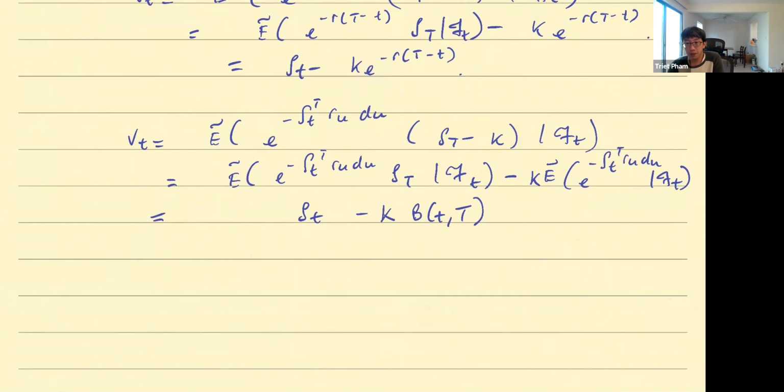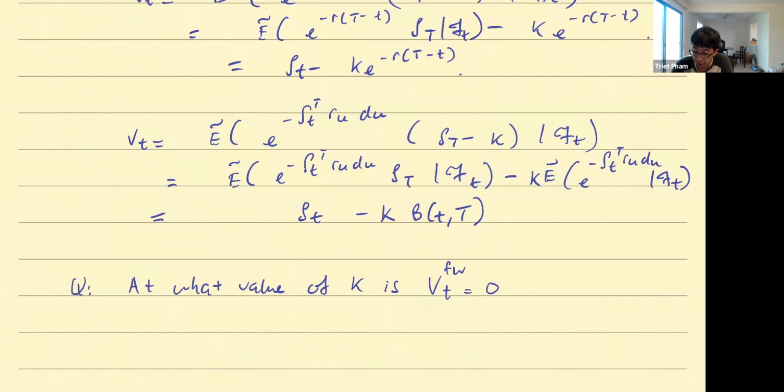There's some very special forward contract, called the forward price. The question you always ask with a forward contract is, at what value of K is V_T equal to 0?